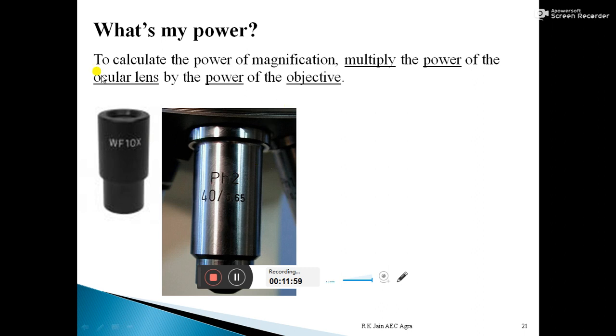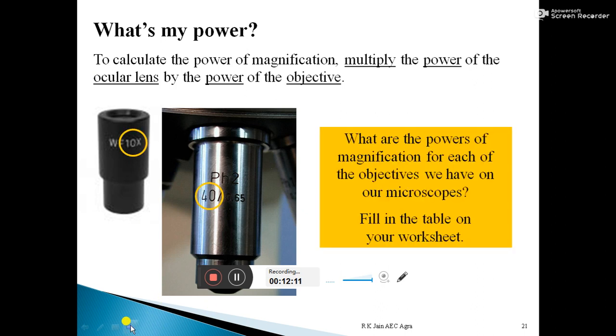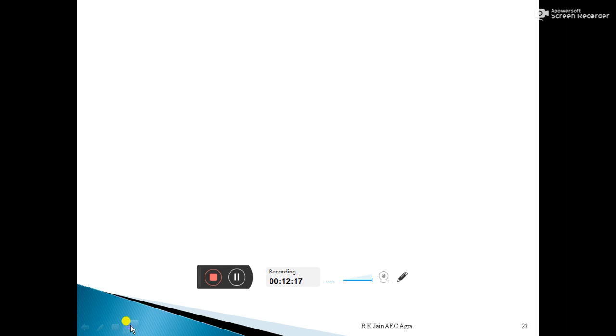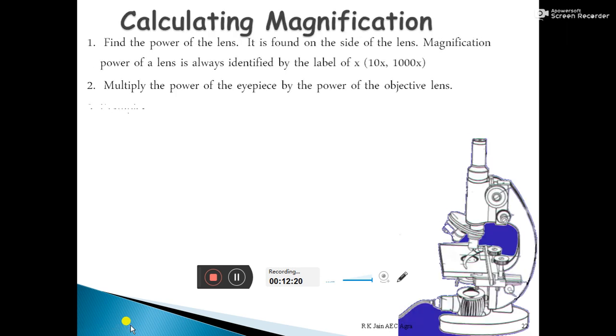In this case, a microscope with an eyepiece of 10x power and objective lens of 40x power will have a maximum magnification of 400 times. So by using this calculation, you can easily calculate the magnification power of a microscope.